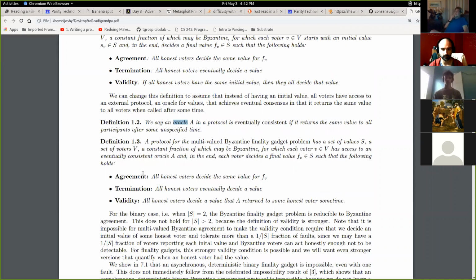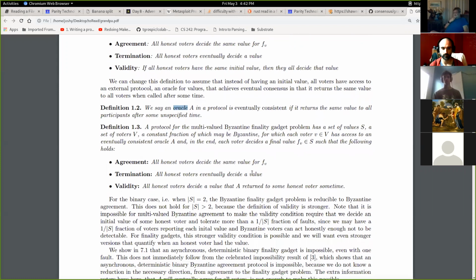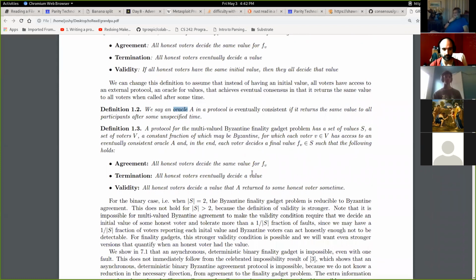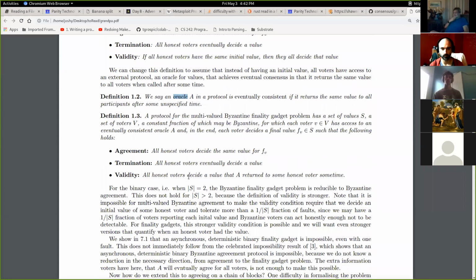Yeah, and so it's super similar to before. All honest voters decide on the same thing. We're able to decide eventually. The game won't go on forever. And all honest voters decide a value that A returned to some honest voter sometime.